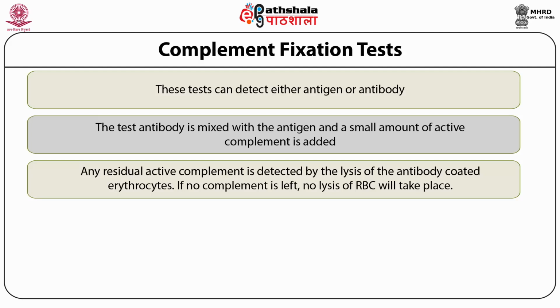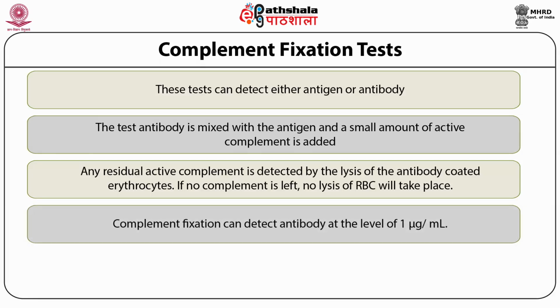If no complement is left, no lysis of RBC will take place. In practice, a quantity of complement is added to this test, which is just enough to lyse the RBC. Hence, even a small amount of test antibody forms the corresponding amount of immune complex and fixes a significant percentage of the complement. Complement fixation can detect antibody at the level of 1 microgram per ml.